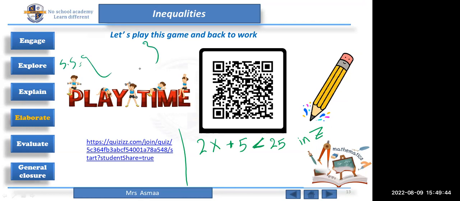Wait a moment. Solution set equals 11, 12, and ... No, not 11.